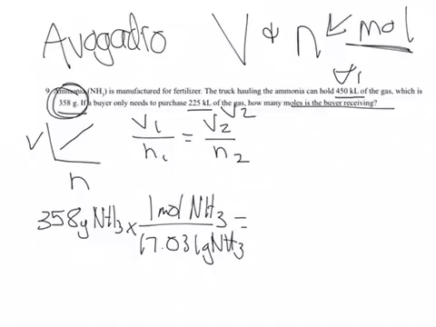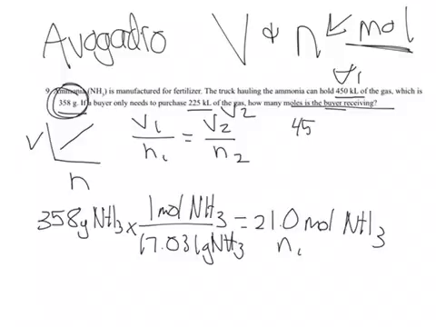When we do that, we get that we have 21 moles of NH3. And that is going to be our N1. We are solving for N2. So we plug it into the equation. 450 over 21 is equal to 225 over N2.